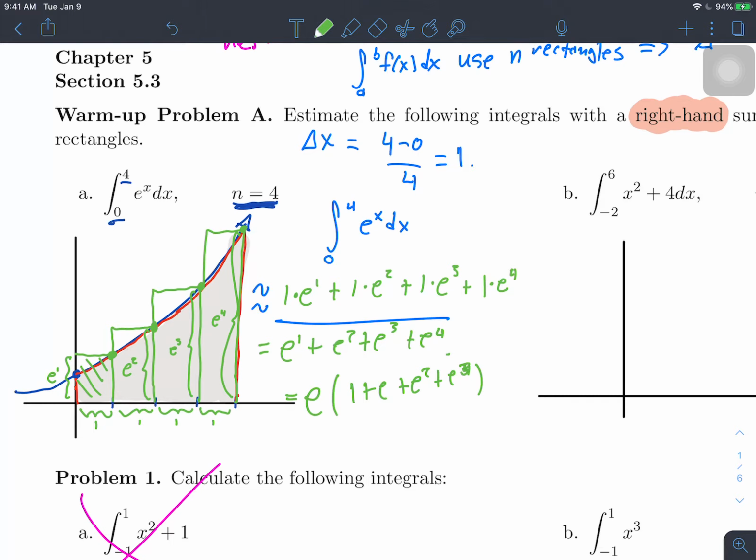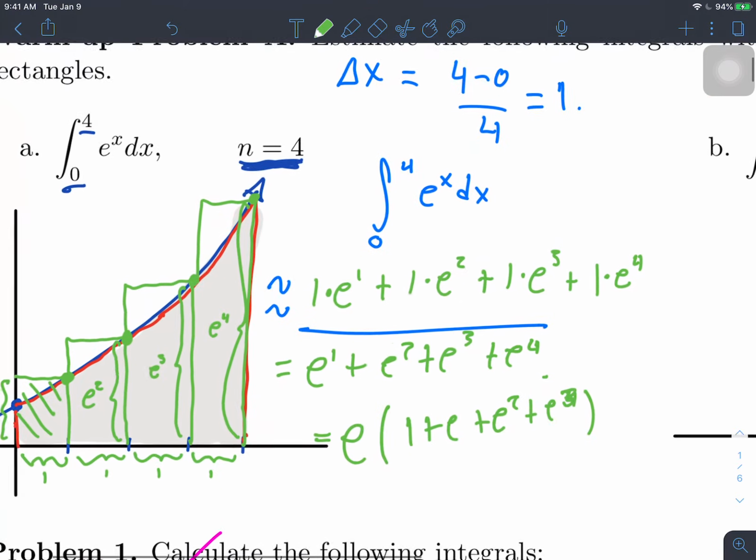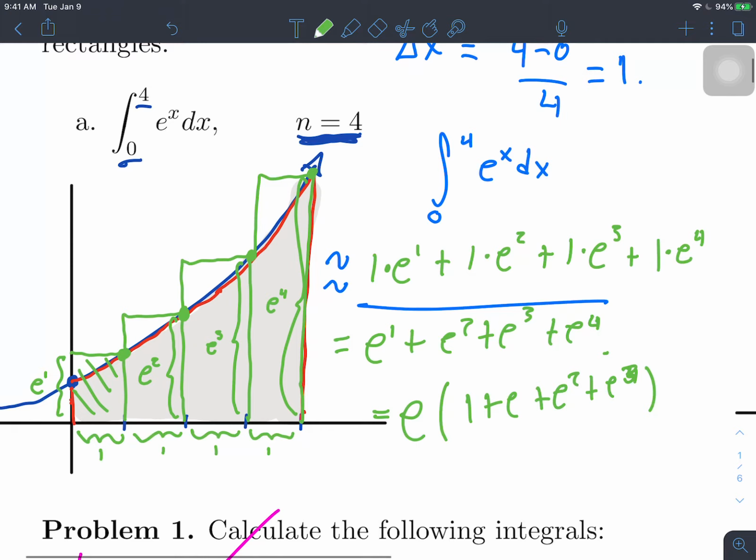Yeah, it's an overestimate, right? Because all of my rectangles have a lot of overestimation here. These green shaded regions are all surplus area that will be included in my estimate, but wouldn't be included in the actual area under the curve. So we call this an overestimate.